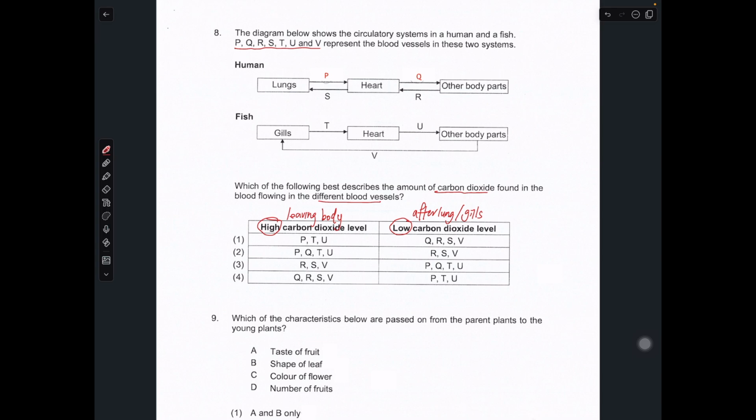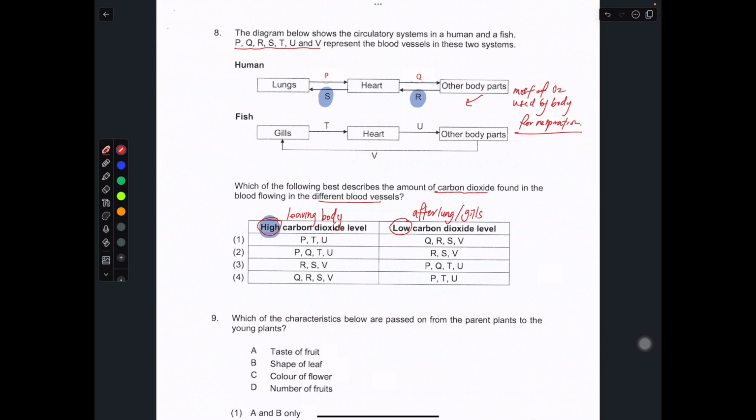Okay, so let's identify the one that's high first. Let's use blue color first. So this should be high, because it's after the body. After the body, most of the oxygen will be used up by the body for respiration.